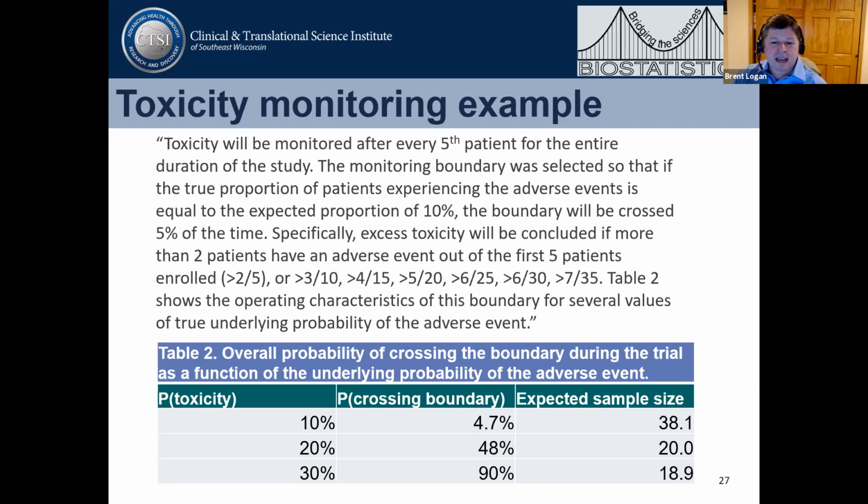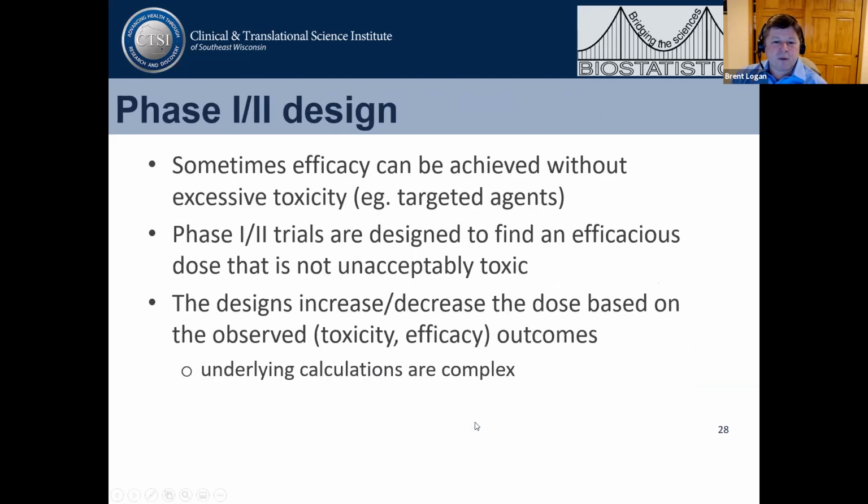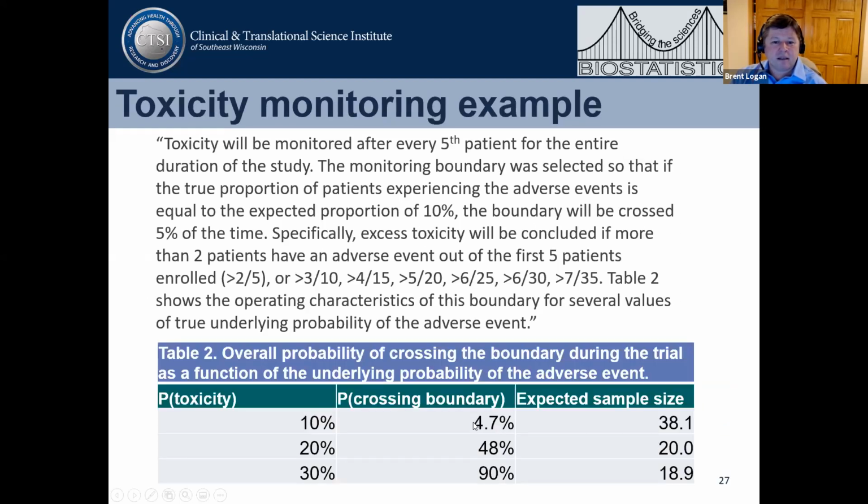So these boundaries are calibrated to have a particular type 1 error rate, or chance of crossing the boundary at an acceptable toxicity rate, and this probability is adjusted for the multiple looks. The boundary values are calibrated so that you cap this probability at 5%, for example. That's essentially the family-wise error rate.